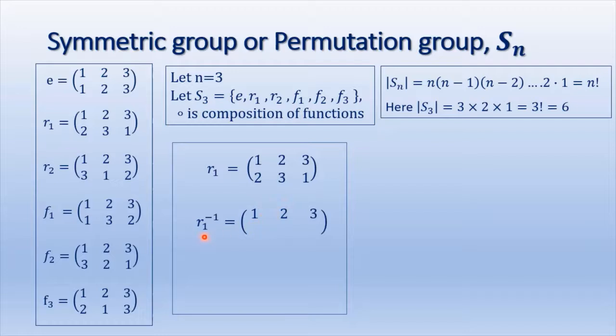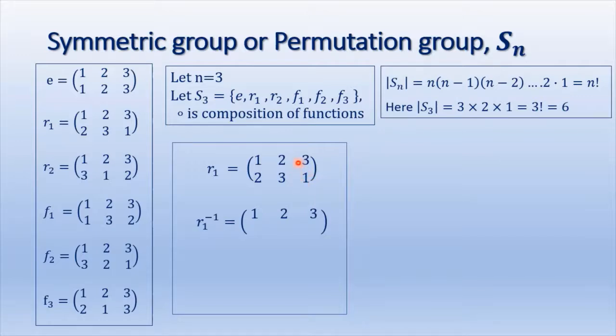So to write R1 inverse, we have to write the pre-image of 1, 2 and 3 with respect to this mapping R1. So under R1, the inverse image of 1 is 3. That is, we have to look at 1 in the second row and the corresponding pre-image in the first row. So the pre-image of 1 is 3.